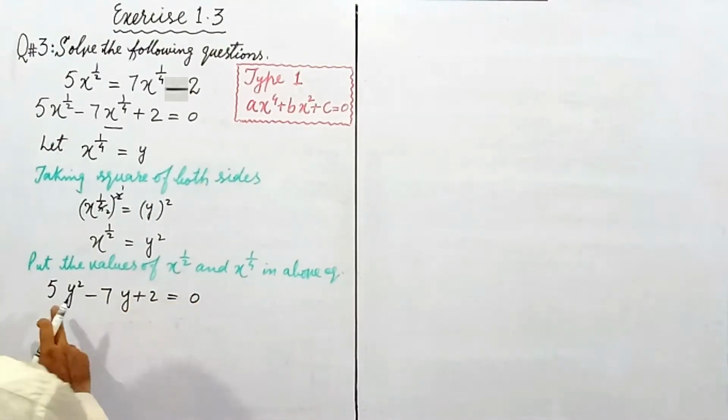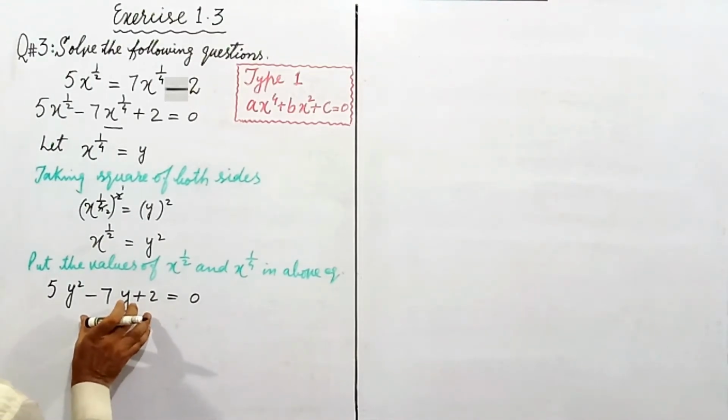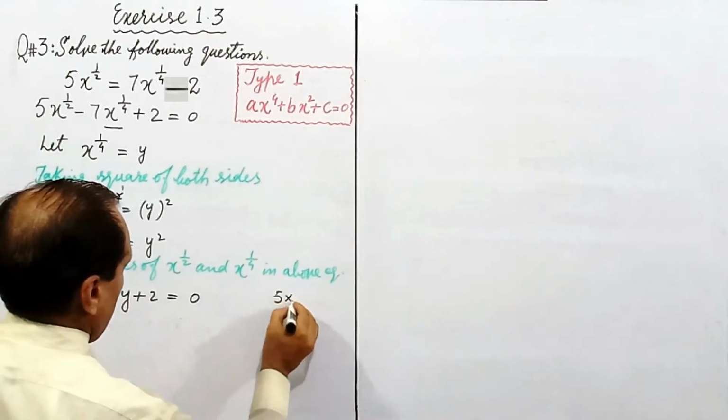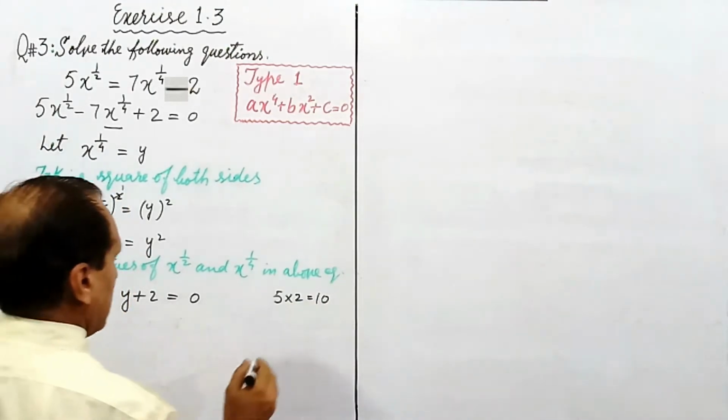is equal to 0. As this is a quadratic equation, we can use the midterm breaking method of factorization for this question. For this we find the product of 5 and 2, to find its factors.